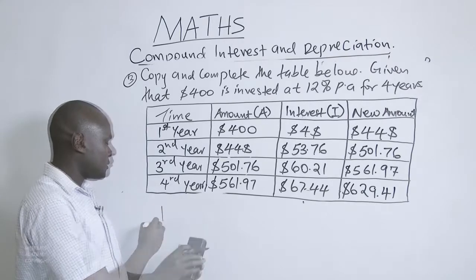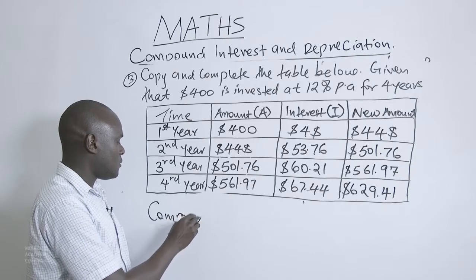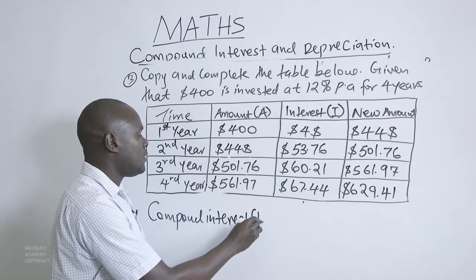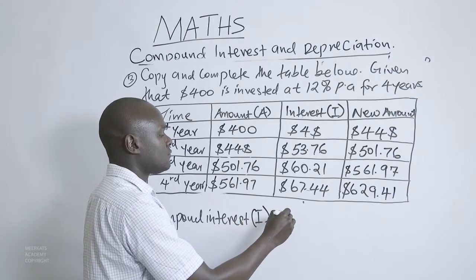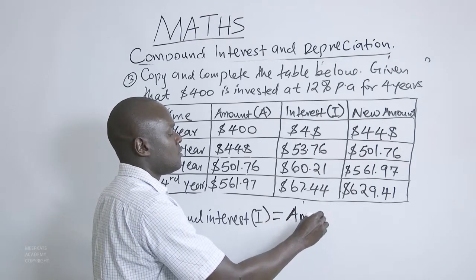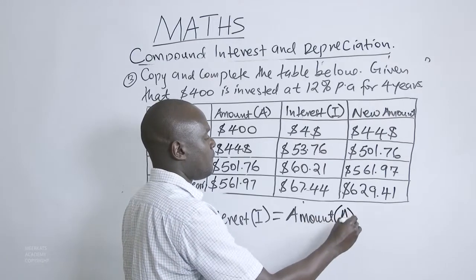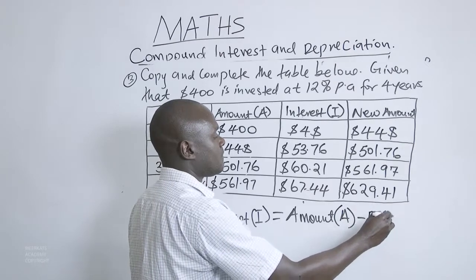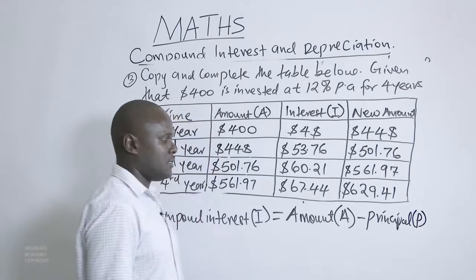Compound interest will be the difference between the amount at the end of the fourth year and the principal, the amount that was invested.